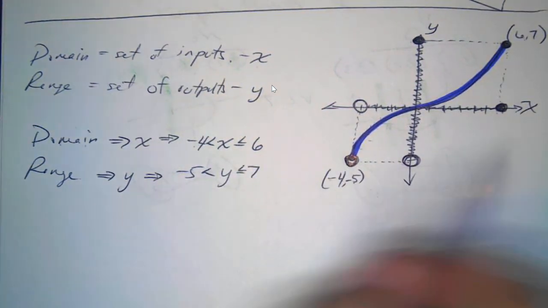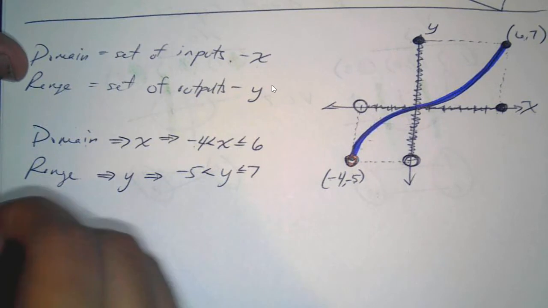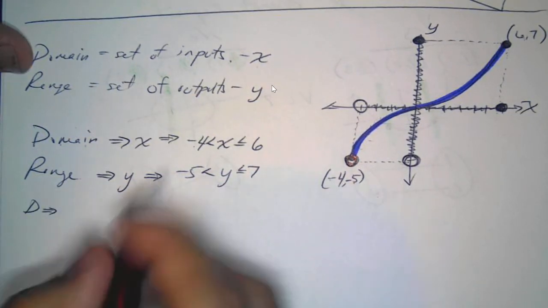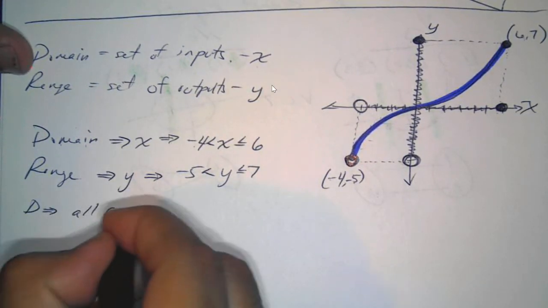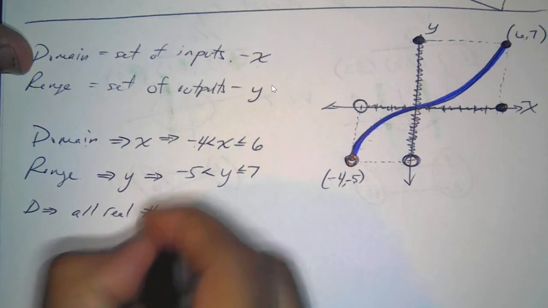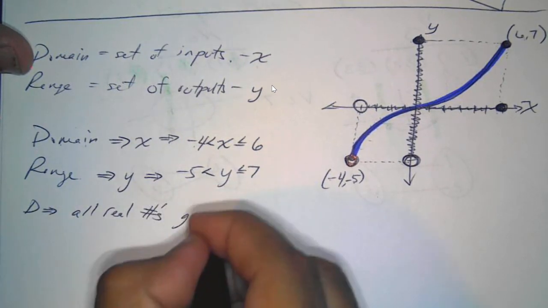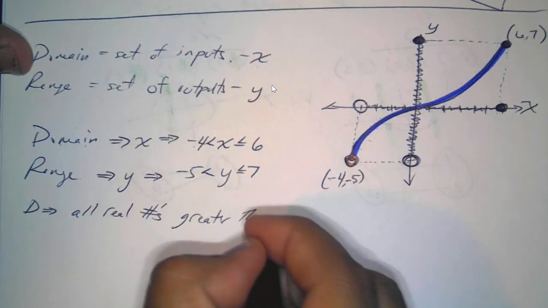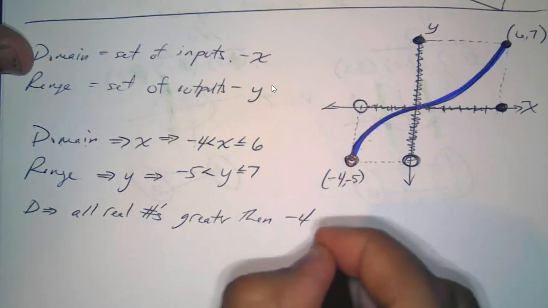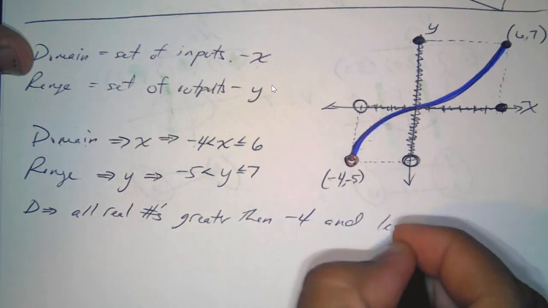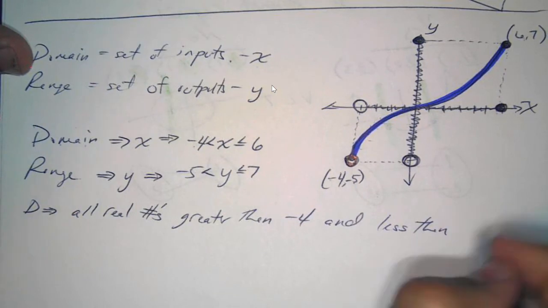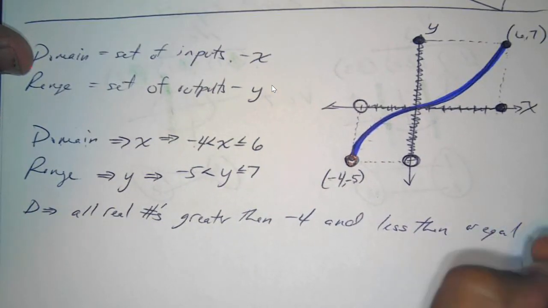Right? And again, if you want to write these using words, you can also say domain is all real numbers greater than -4 and less than or equal to 6.